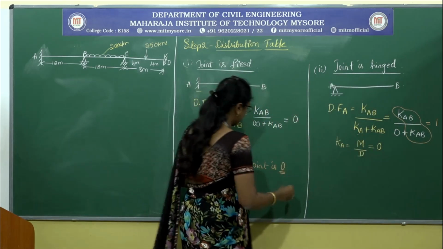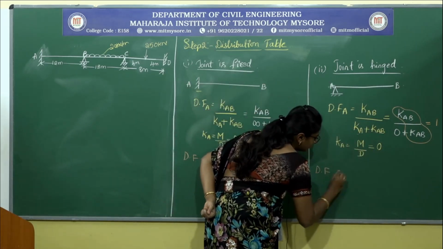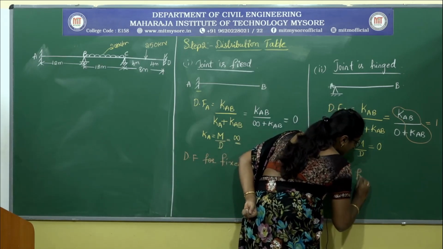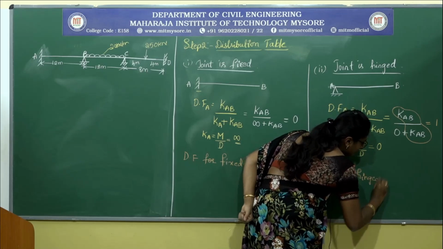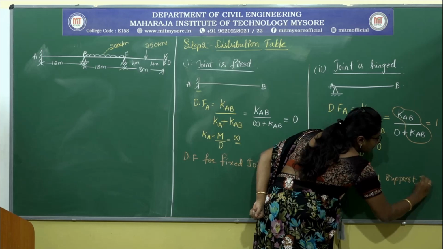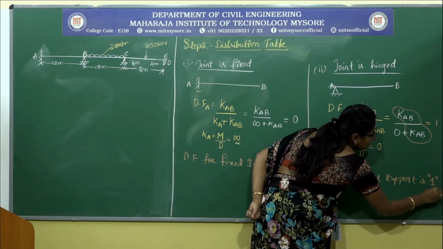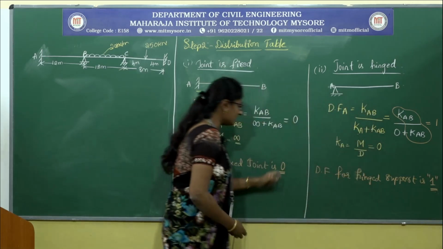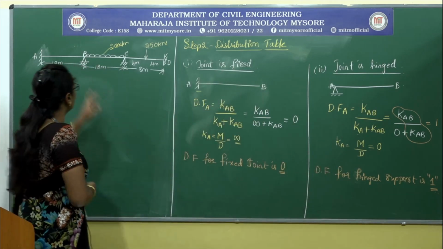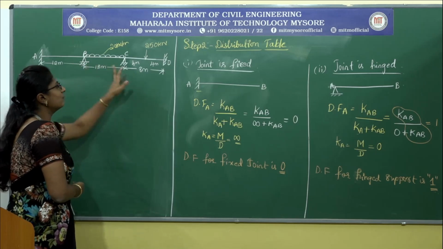So now I can write the distribution factor for the hinged support is 1. By using these two considerations, we can now calculate the distribution factors for the intermediate supports only.